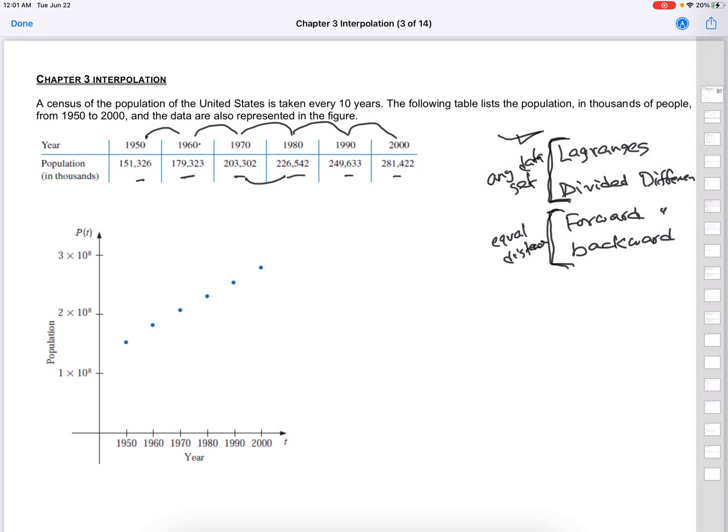So numerical techniques are those techniques we said the answer is always approximate, there is always error, and our goal is we want to keep the error minimum, right? So these are the 4 techniques which will give us the approximate population between the given points.